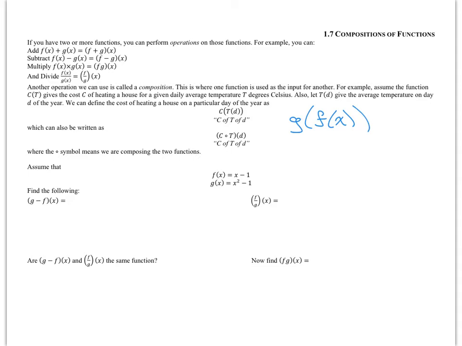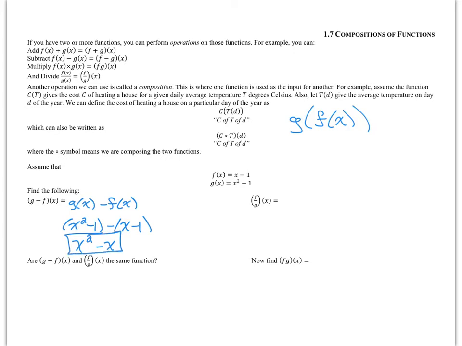Now, basic operations with functions, so like g minus f of x in this example here. So g of x minus f of x, which is x squared minus 1 minus x minus 1, which is x squared minus x.